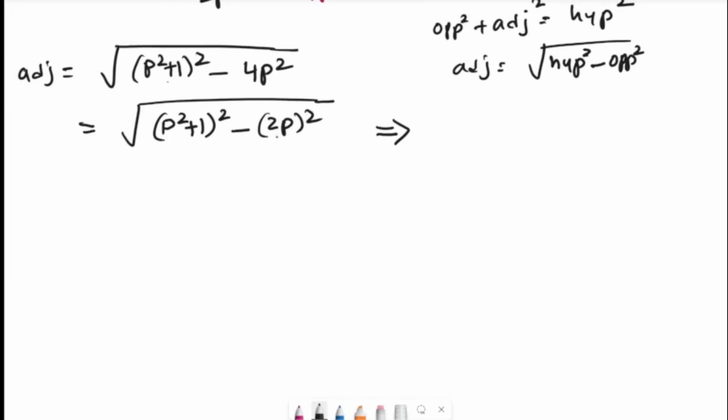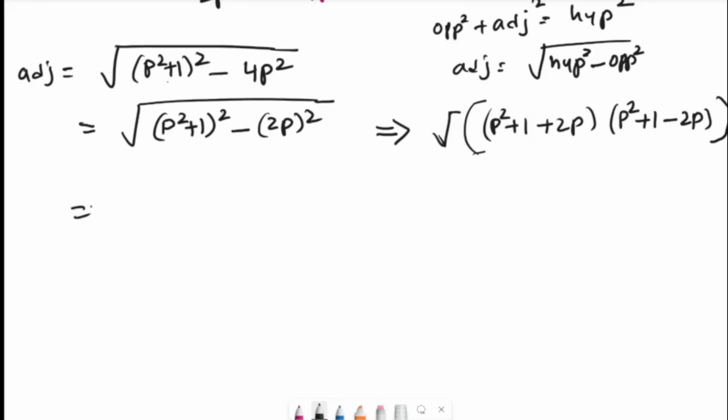A square minus B square is A plus B times A minus B. Instead of a giant square root, I just used a bracket.